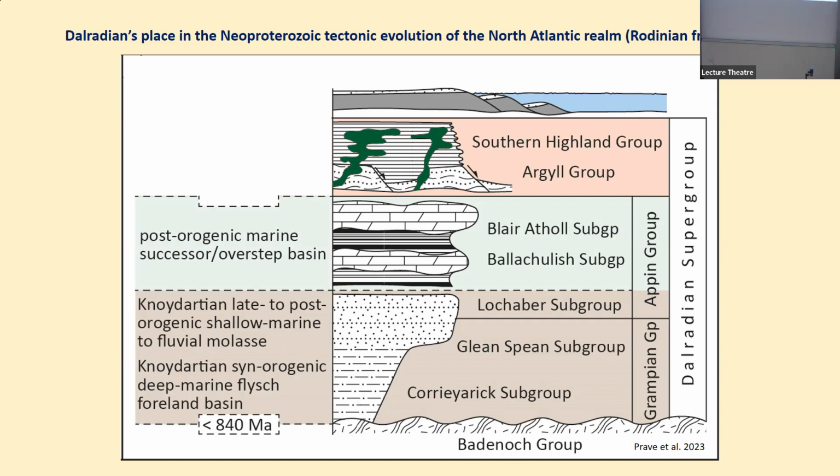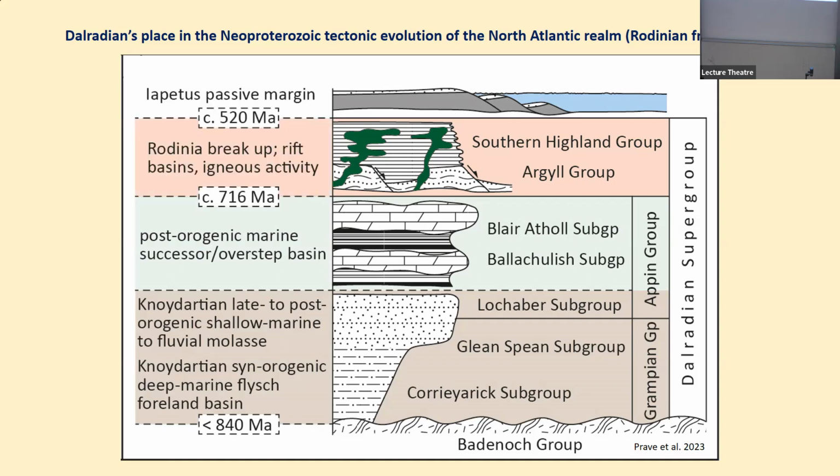We can tie that to a time if we accept that the Port Askaig is Sturtian at around 720, 760 million years ago. We have all the extensional activity in the Argyll group and Southern Highland group. So yeah, great. That is when Rodinia started breaking apart, not at the base of the Dalradian, but up near the top. And then we step into the Iapetus passive margin. A beautiful story.